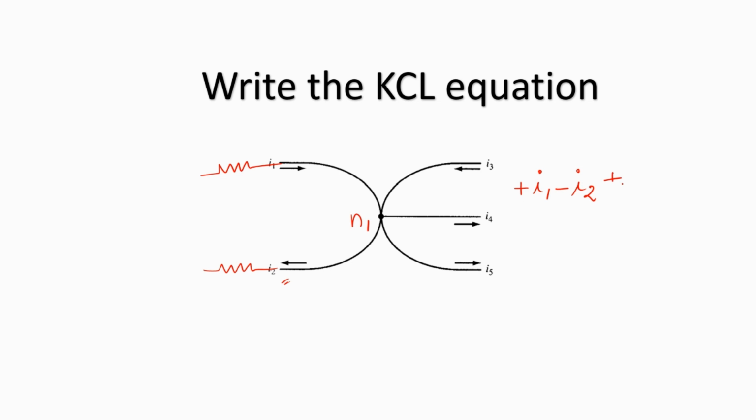I3 is entering N1. So plus I3. I4 and I5 are leaving N1. So minus I4 minus I5. All this put together is 0. So we can say I1 plus I3 is nothing but I2 plus I4 plus I5. So this is the KCL equation for this particular node.